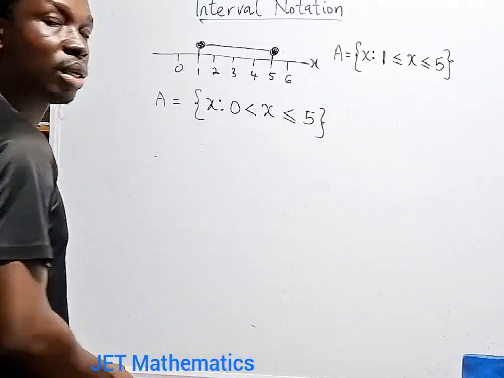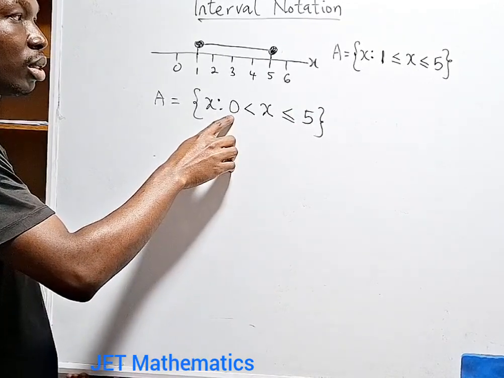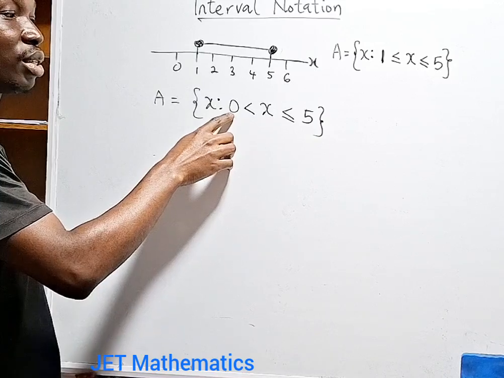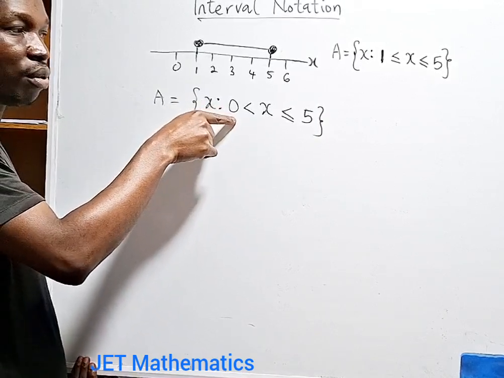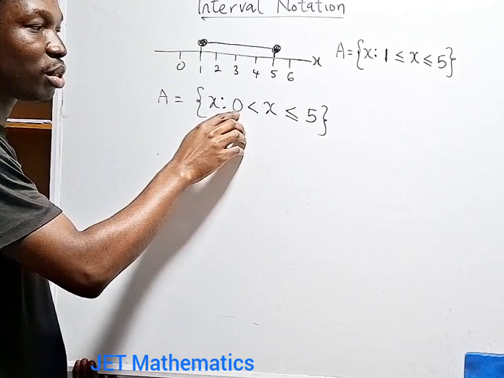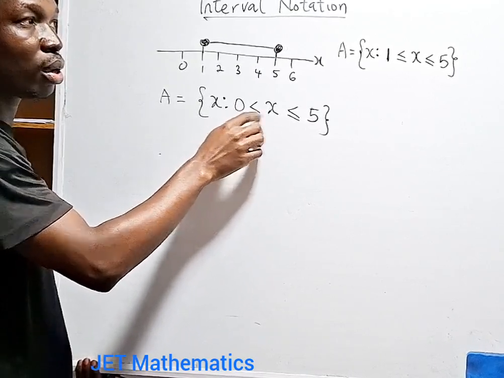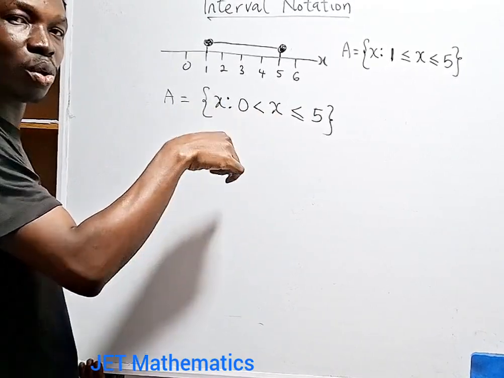Now this means numbers ranging from 0, but 0 is not inclusive, to 5. Because no line like this here, it means 0 is not inclusive.